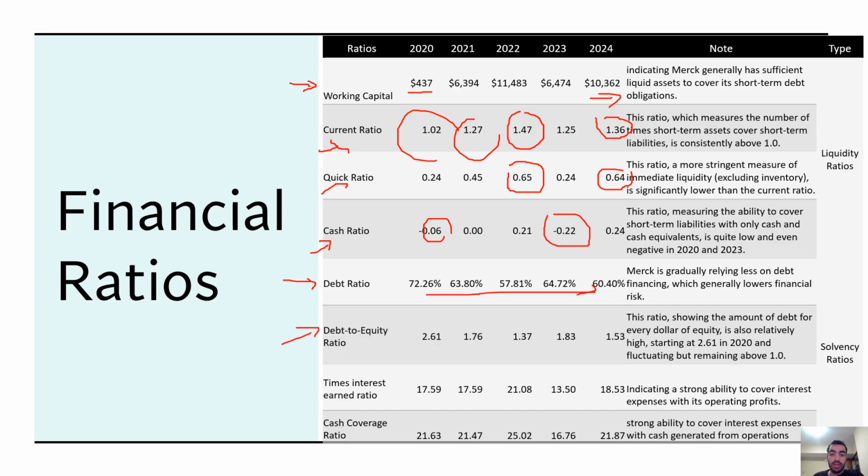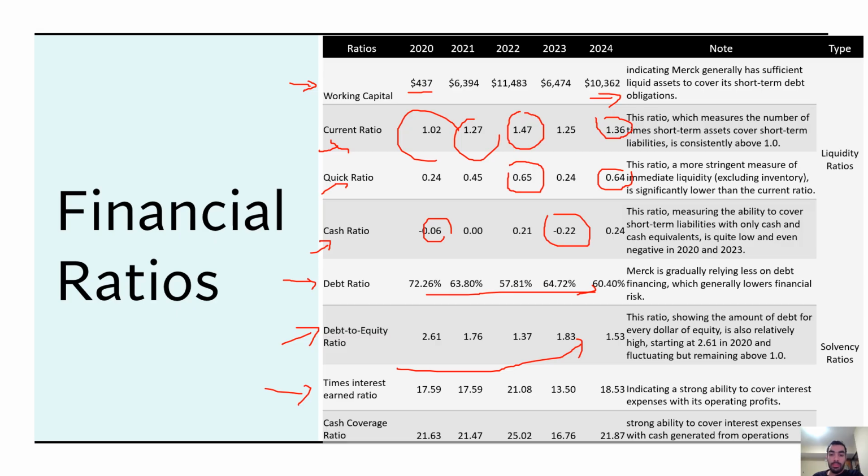If we see the debt to equity ratio, it declined from 2020 to 2024, indicating a reduced financial leverage. The times interest ratio is another solvency ratio, showing a strong ability to cover interest expense.